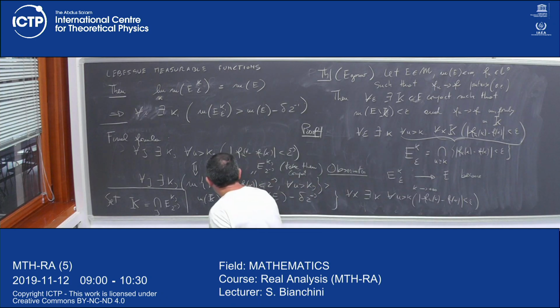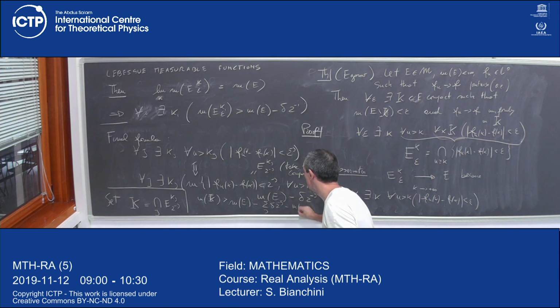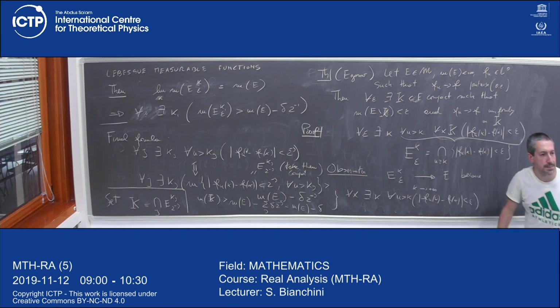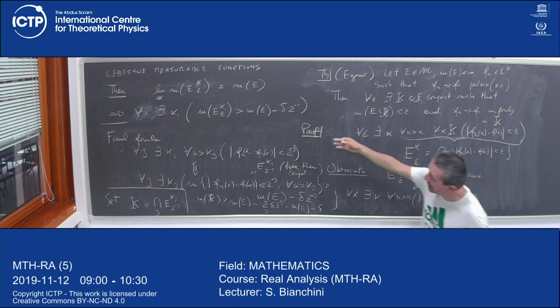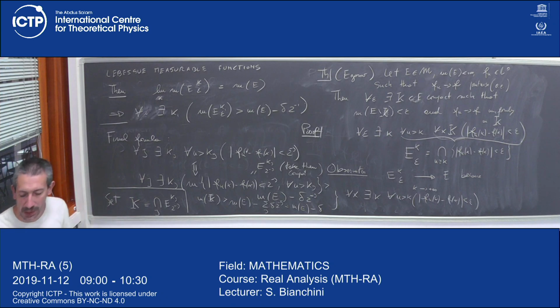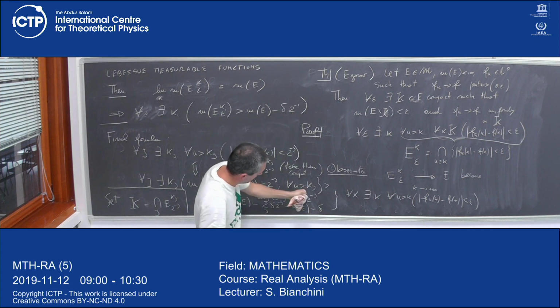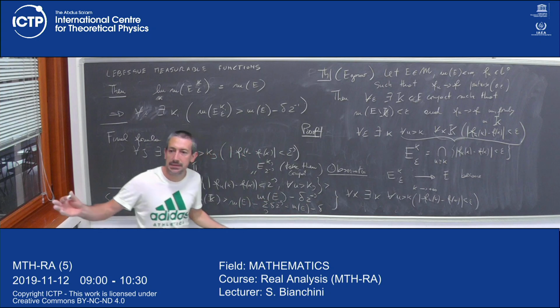So it's the measure of E minus the sum of delta 2 to the minus j for all j, which is the measure of E minus delta. Because the measure of the intersection is the total measure minus the measure of the complements. The sum of the complements is delta 2 to the minus j, and so the sum becomes delta.